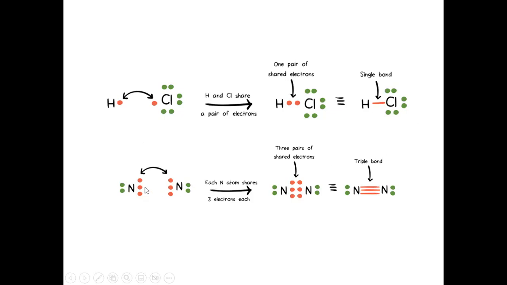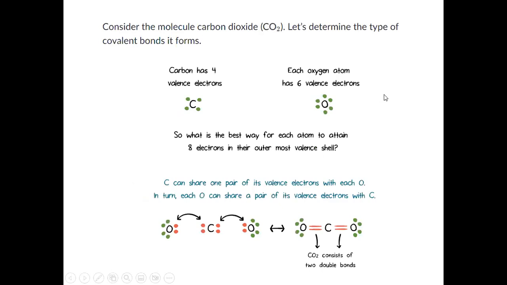And if two nitrogen atoms bind to each other, there will be 3 pairs that share electrons, which will form a triple bond. Also, carbon contains 4 valence electrons and oxygen has 6, so we need to see how the atoms share electrons, because it looks not balanced.